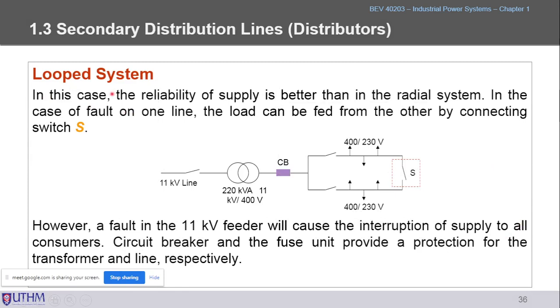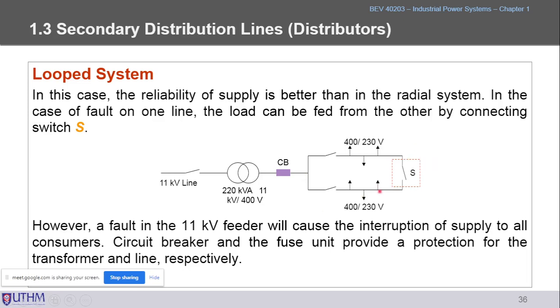So another one is the loop. If something happens here, we still can get the supply from here through the switch. If the fault happens here, this switch will be closed, and we will get the supply from these directions.